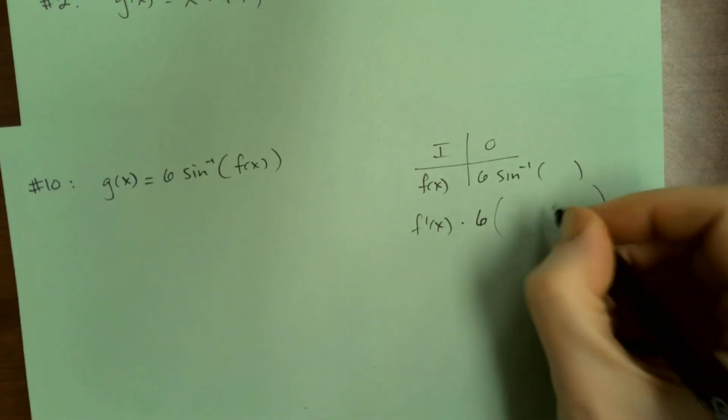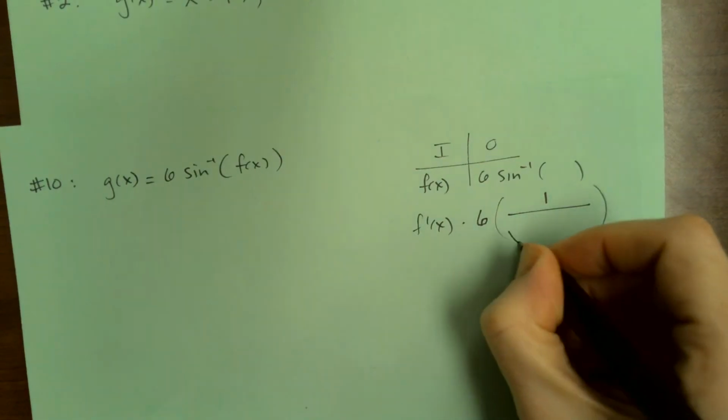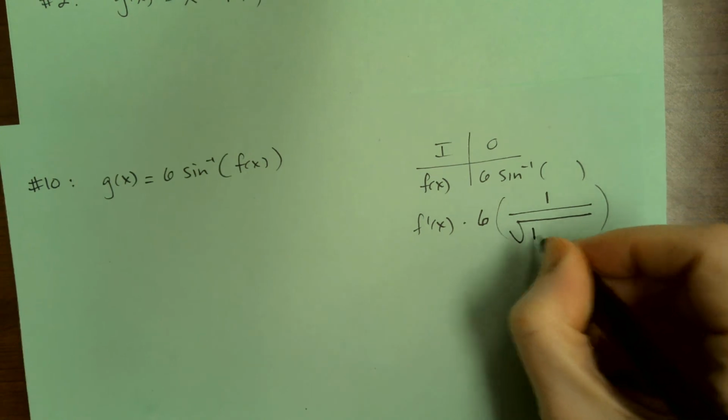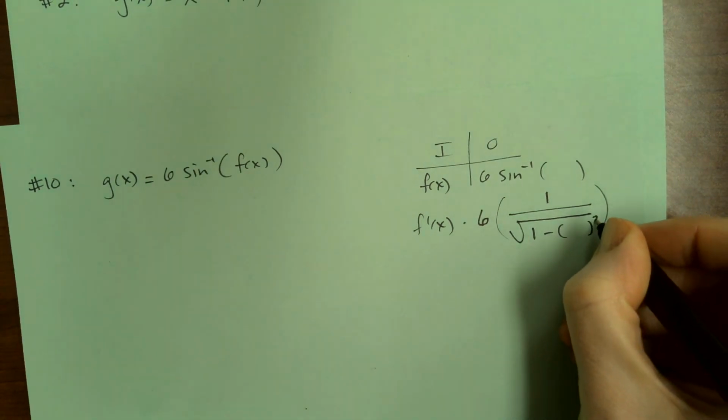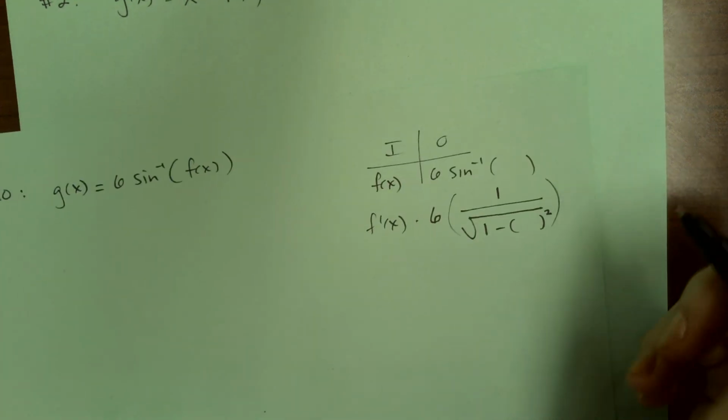And then the derivative of inverse sine, we just have to have this memorized at some point. It's 1 over radical 1 minus blank squared. Guys, I have to look these up every year, just to be sure. So, these are the types of formulas, like you'll memorize them temporarily, they'll fall out of your brain, you memorize them again when you know that you're going to be needing them.